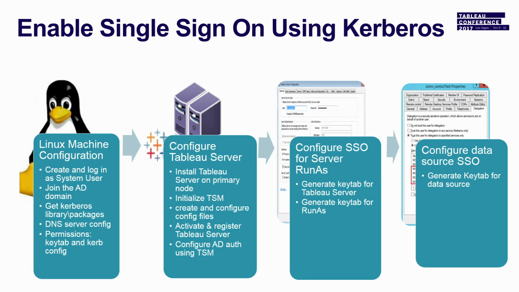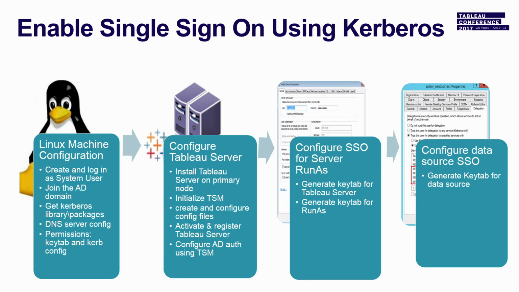Get the Kerberos libraries and packages. You can get these freely anywhere over the internet. Internally, we have used SSSD and PBIS, which is, in turn, based off of SSSD. But you can freely download any of the Kerberos Linux packages. Go and install them. That's all you need to do in this step.